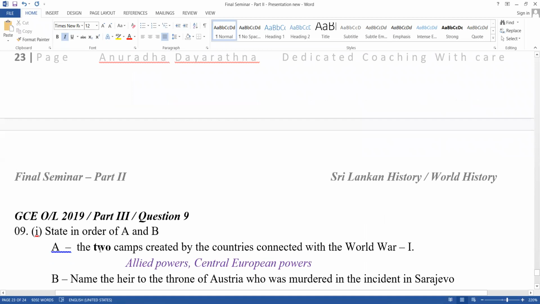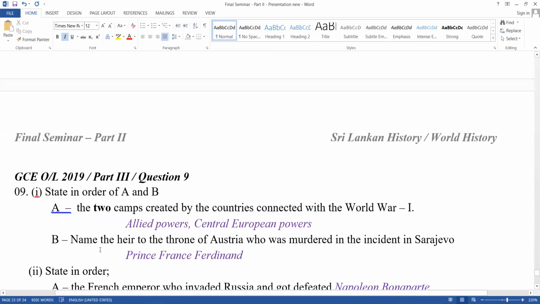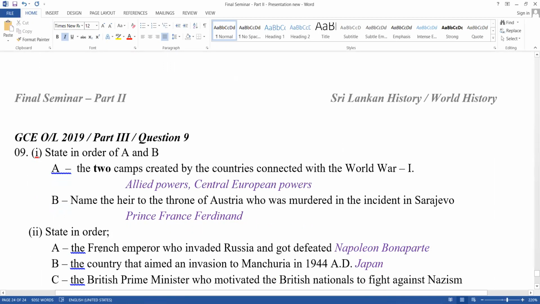State in order of A, B, A and B, 2 camps created by the countries connected with the World War I: Allied powers and Central European powers. Name the heir to the throne of Austria who was murdered in the incident in Sarajevo, Prince Franz Ferdinand. The French emperor who invaded Russia and got defeated, Napoleon Bonaparte.